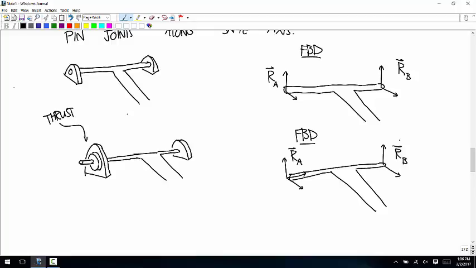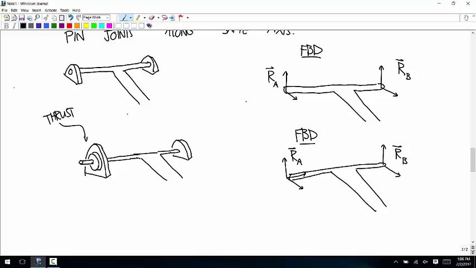Any questions about that? Yeah. So in this case, are we going to be using those torques? No, in these you don't. But you would if you had a problem where there was just a single pin joint.